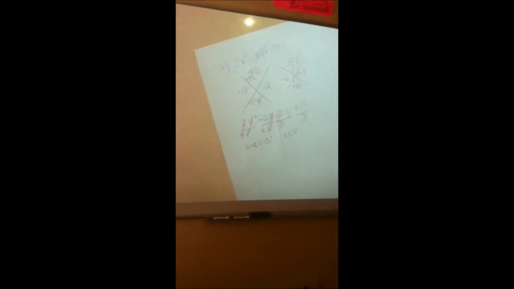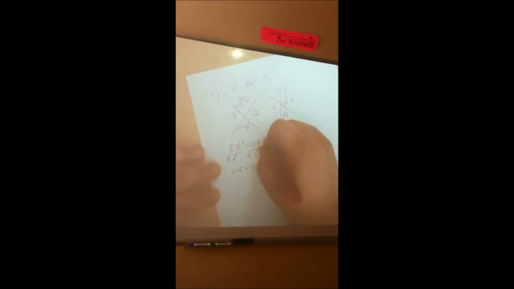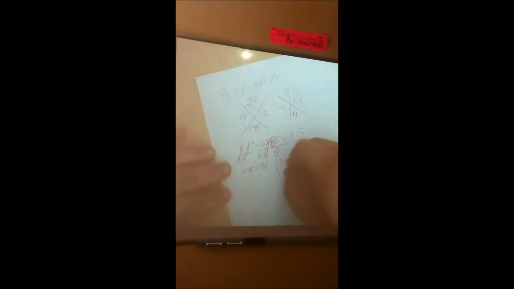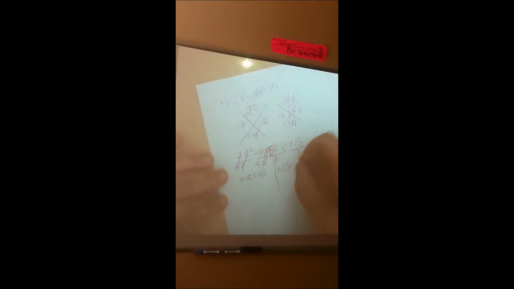I've run into a bit of a roadblock because these two numbers should be the same. Oh, wait. Okay. I forgot that it was a -5. That's a -5 right there. So it's going to be 5.